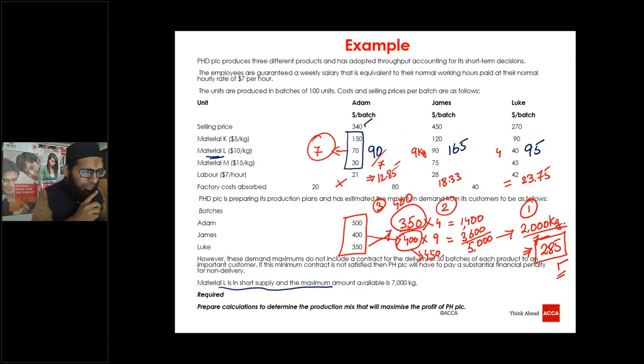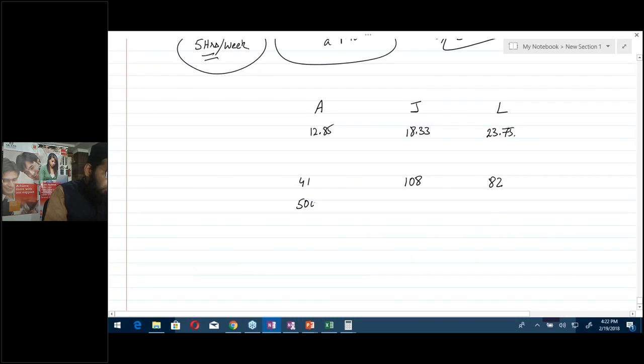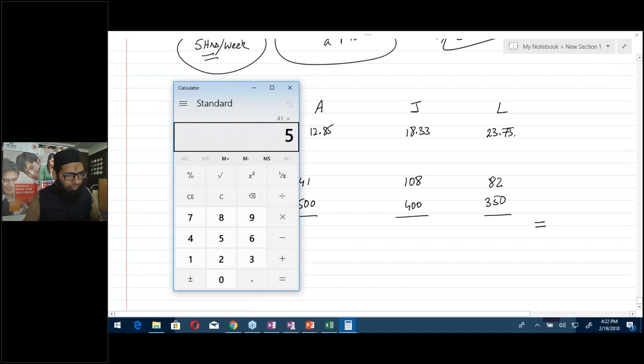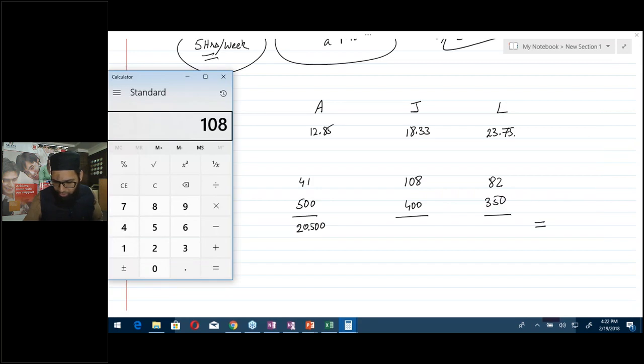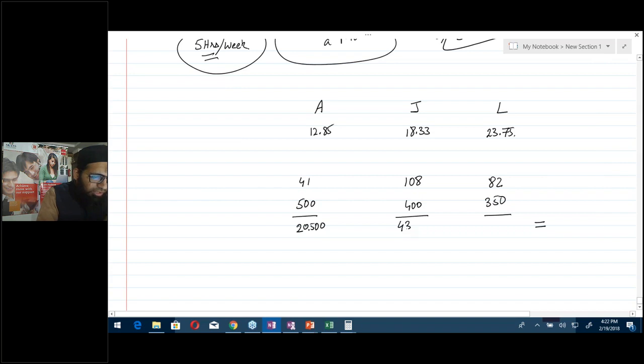So if I multiply it with the number of units, which is 500 for A, 400 and 350, to calculate the total conversion cost, it will be how much? 41 into 500, it will be 20,500. Similarly, 108 into 400, it will be 43,200.